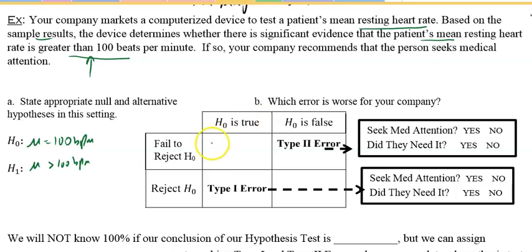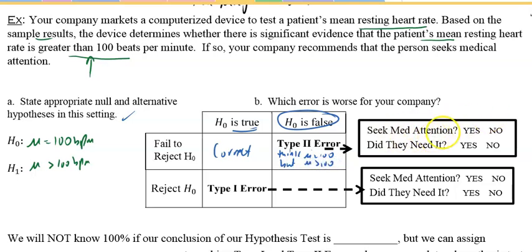Alright. So, state the null and alternative, which we did. Which type of error is worst for the company? Fail to reject the null hypothesis when it is false. Type 2 error, if you remember, is always this: you think the average is 100, but the average is bigger than 100.